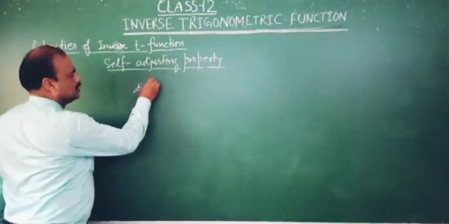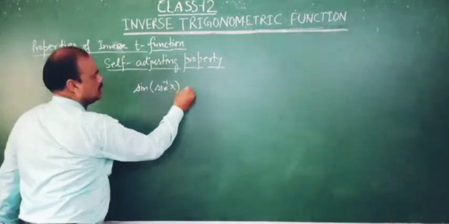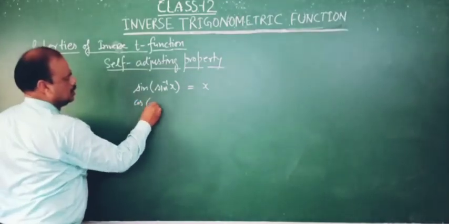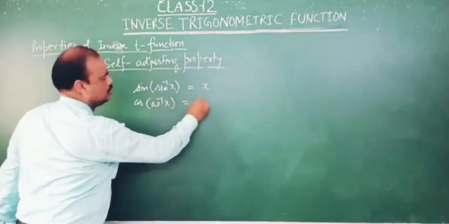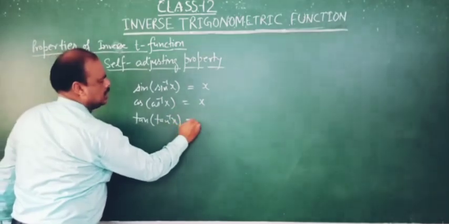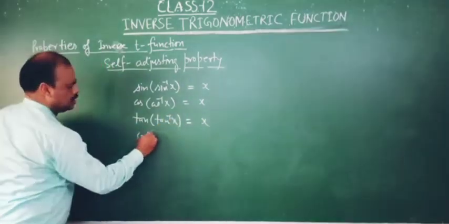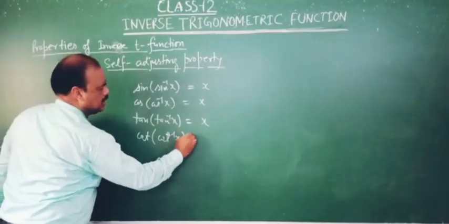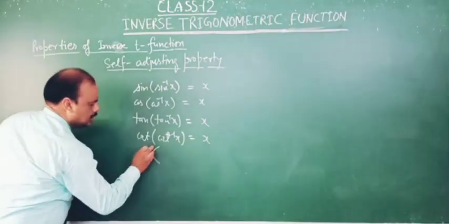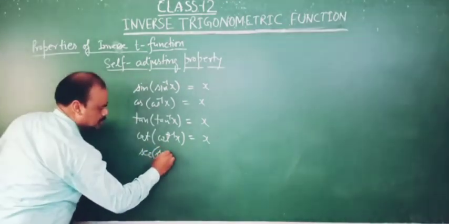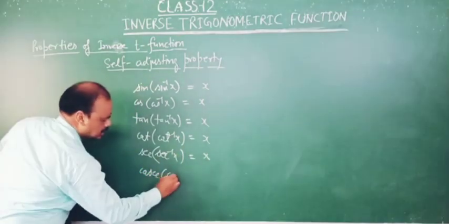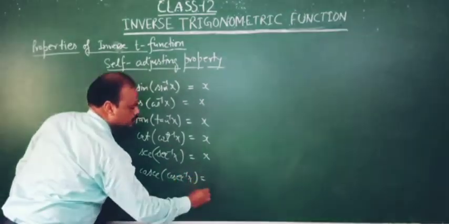It means sin(sin inverse x) equal to x, cos(cos inverse x) equal to x, tan(tan inverse x) equal to x, cot(cot inverse x) equal to x, sec(sec inverse x) equal to x, and cosec(cosec inverse x) equal to x.